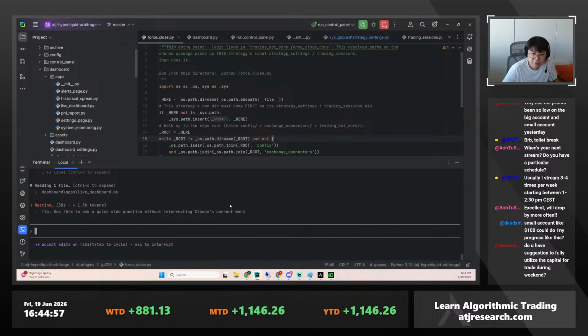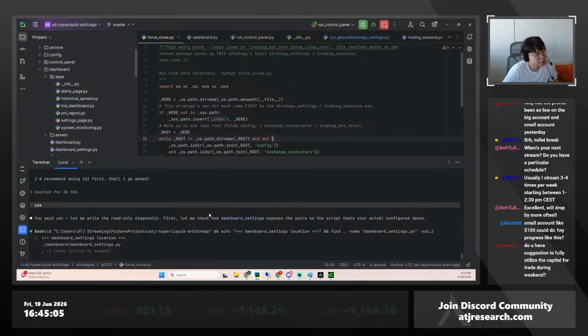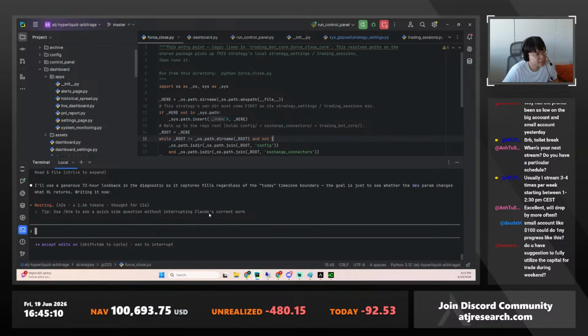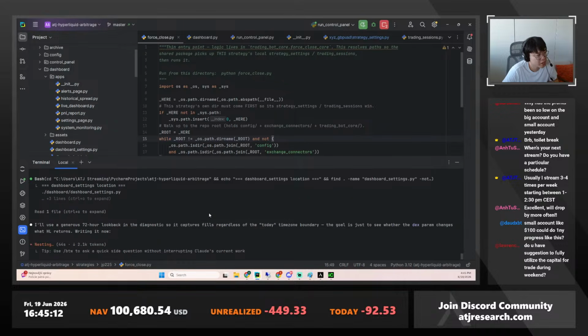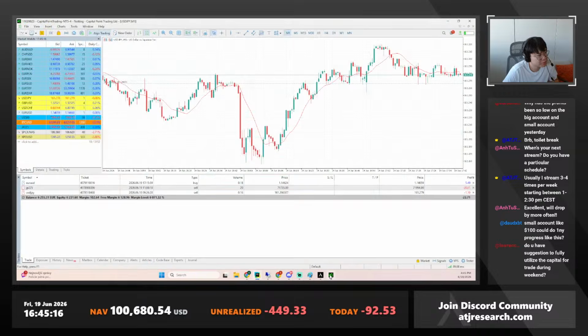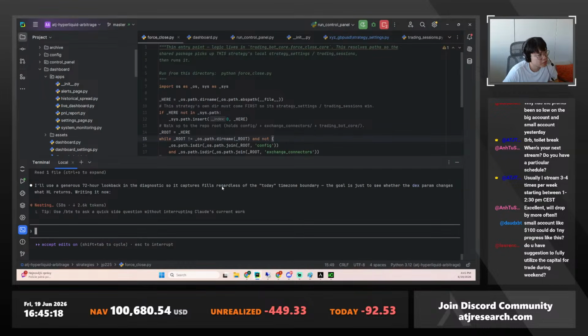We have another question. Do you have a suggestion to fully utilize the capital for trade during weekend? I think the best way to utilize during weekend is to run some maybe statistical arbitrage strategies on Hyperliquid only, right? Or try to apply Bitcoin strategy between MT5 and Hyperliquid, or like doing a cross-dex arbitrage, right?